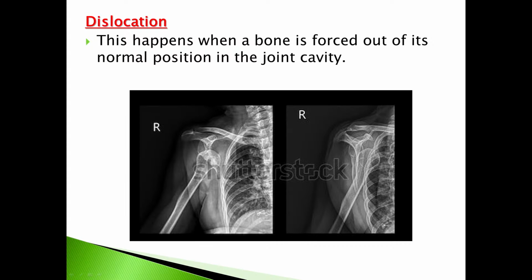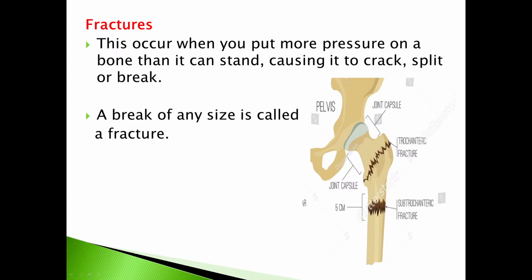This happens when a bone is forced out of its normal position in the joint cavity. Let's say for example somebody drops on their shoulder, then their shoulder slips out. The force of the drop will damage the ligament. Because the ligament is damaged or torn, the bone falls out of place. And that is what is known as dislocation.